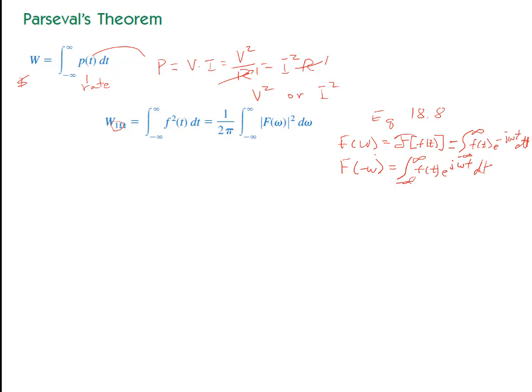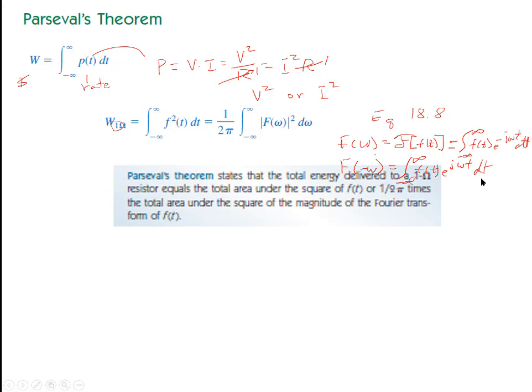Okay? So Parseval's theorem specifically will go on to say this: that the total energy delivered to a 1 ohm resistor equals the total area under the square of f of t, or 1 over 2 pi times the total area under the square of the magnitude of the Fourier transform.